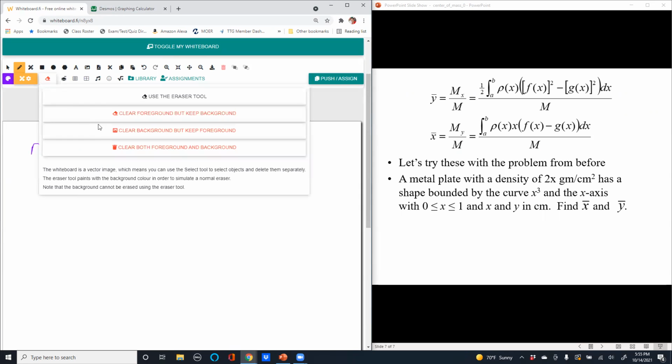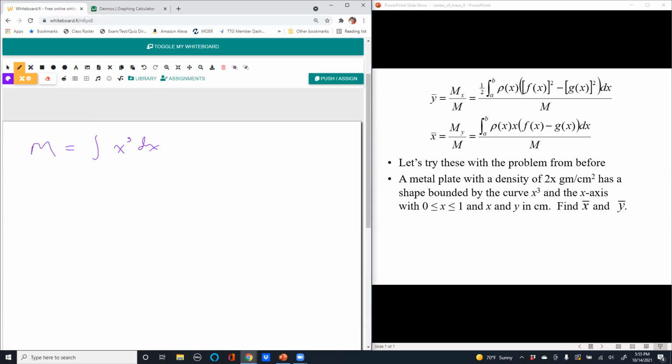If all I did was calculate this definite integral from 0 to 1, that would give us the area. That's Calc 1 knowledge right there, right? That gives us the area that we're looking for. To turn it into a mass, all we have to do is multiply by the density, or the 2x.